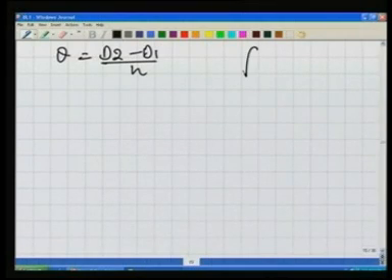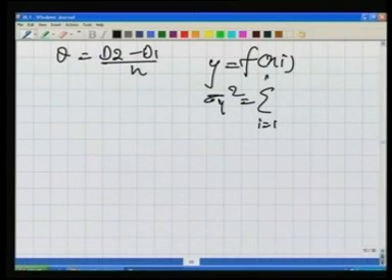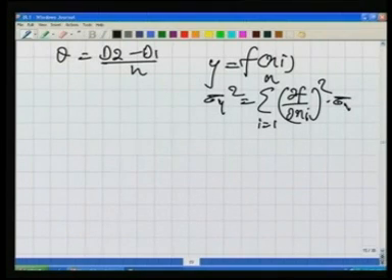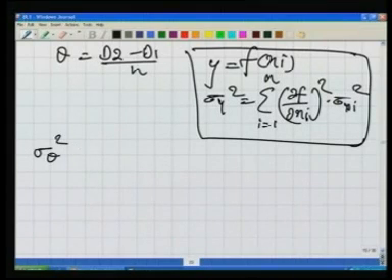So error propagation in theta, because theta we are writing as d2 minus d1 by n. So using again sigma y square equals sum over i equals 1 to n of (del f by del xi) square into sigma xi square, using this same philosophy, we can compute now sigma theta square.